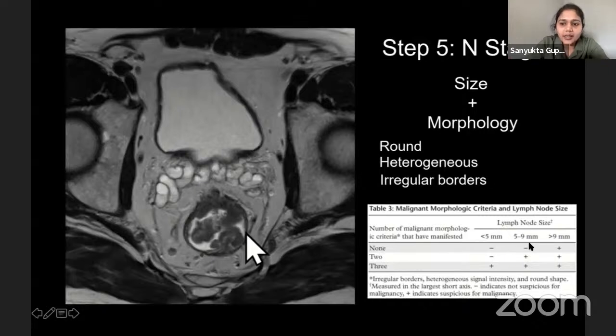If it falls in the bracket of 5 to 9 mm, only 2 suspicious morphological characters are enough to say it is a suspicious node. And if it's greater than 9 mm, then any one morphological character, or even none of the above, will tell that it is a suspicious node and has to be resected.